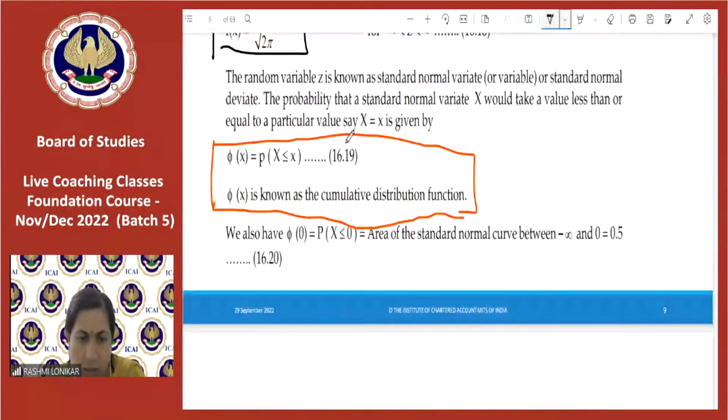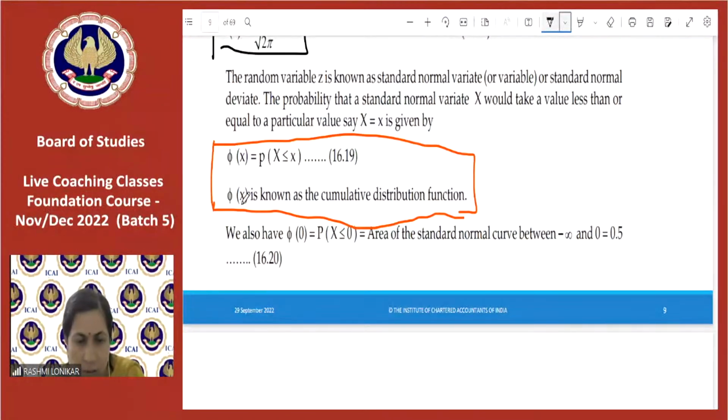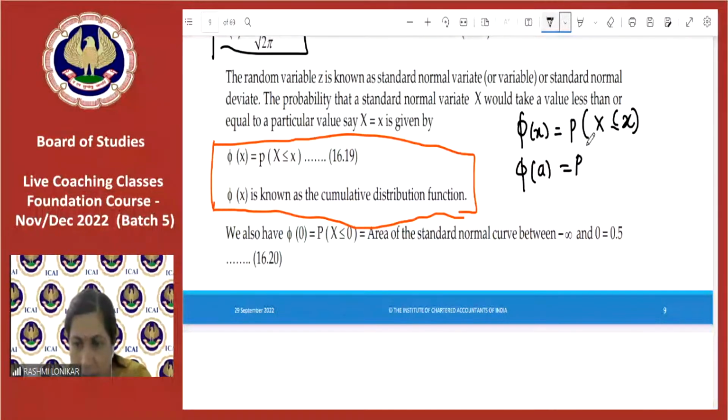Okay, standard normal curve. What is phi saying? Phi x is equal to P of X less than or equal to small x. Now we have phi of 0, which is P of X less than or equal to 0. So here we have phi of a, so it will be P of X less than or equal to a.